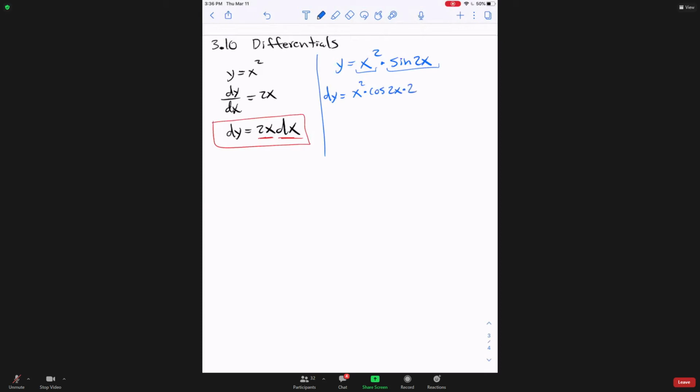That's the chain rule. Plus second times the derivative of the first, which is 2x. Normally this would be it, and then times dx. Let me simplify it a little bit. dy is equal to 2x squared times cosine 2x plus 2x times sine of 2x, dx.